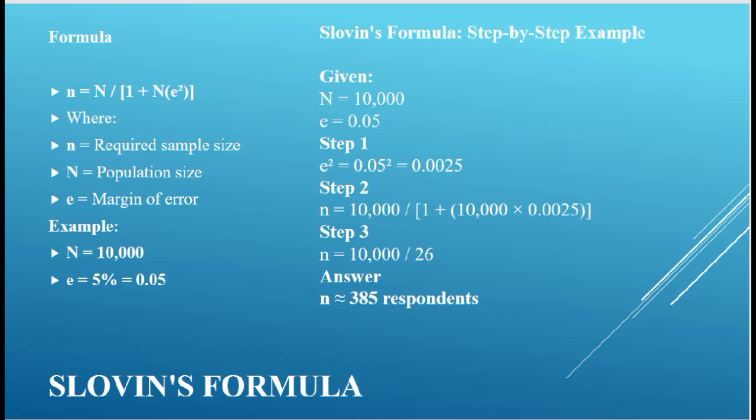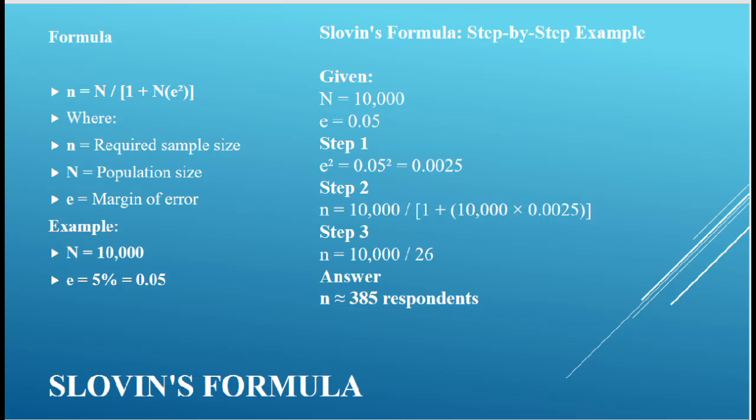Let's solve this step by step. Our population size is 10,000 and our margin of error is 5%. First, square the margin of error. 0.05 squared equals 0.0025. Now substitute this value into the formula. The numerator is 10,000. In the denominator, we have 1 plus 10,000 multiplied by 0.0025. 10,000 multiplied by 0.0025 equals 25.